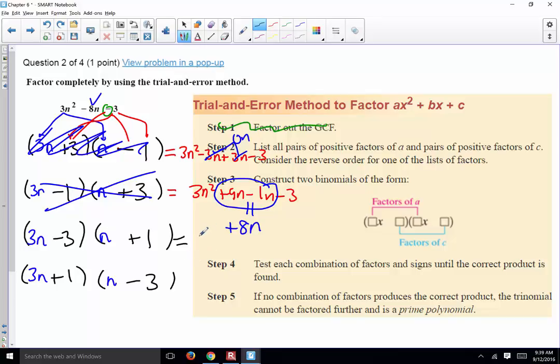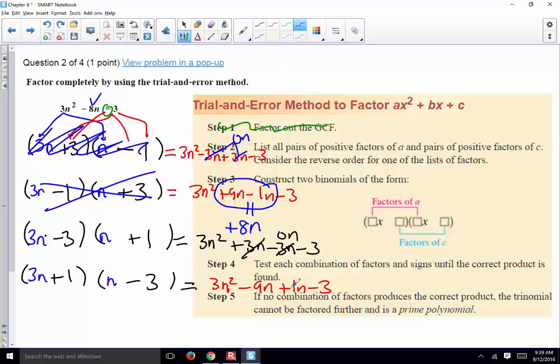Alright, 3n and 3n squared. 3n1, 3n minus 3n. Nope, this is not working either because this is 0n. It happened to be the last one, I think. 3n times n, 3n squared. 3n minus 3 is minus 9n. 1n and minus 3.